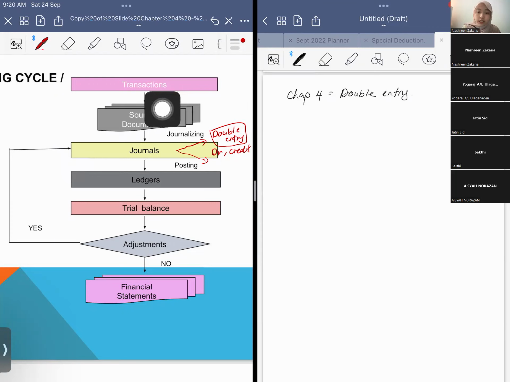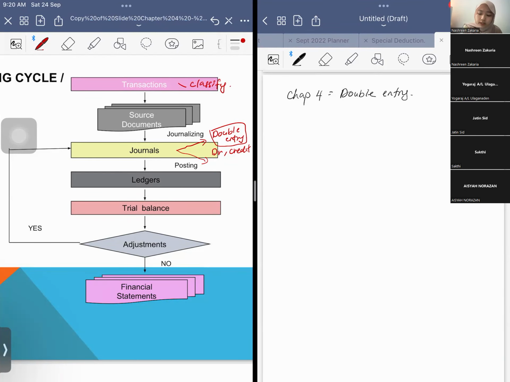So transaction here is actually classifying, which we learned last class. Once we encounter a transaction, you need to classify it, right? You need to classify whether this is asset, liability, owner's equity, revenue or income, or expenses.